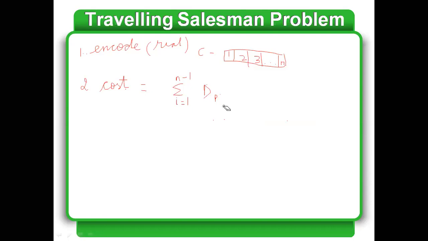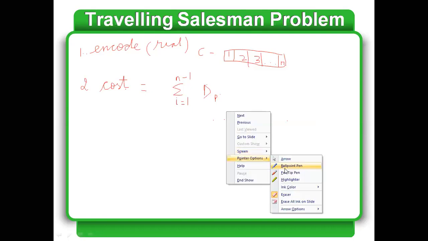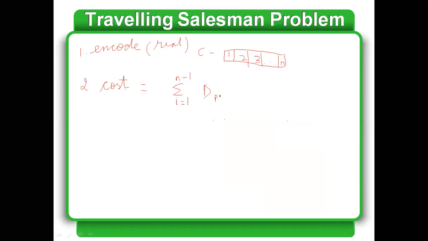So whichever pth city is in question, and its distance from the next city.